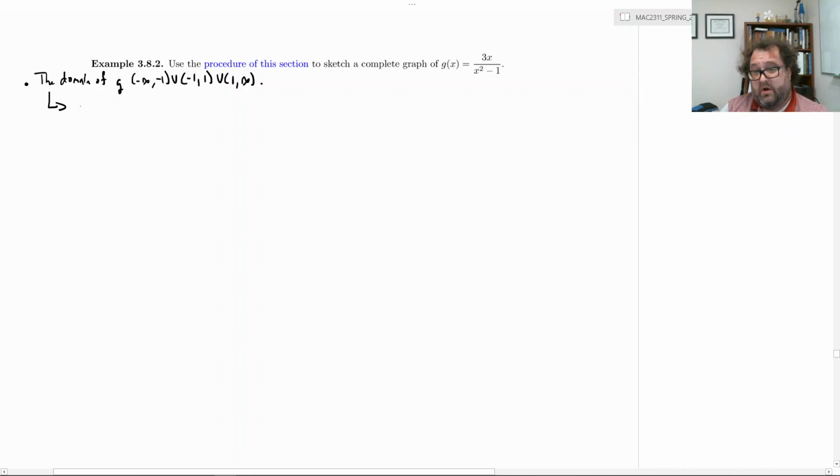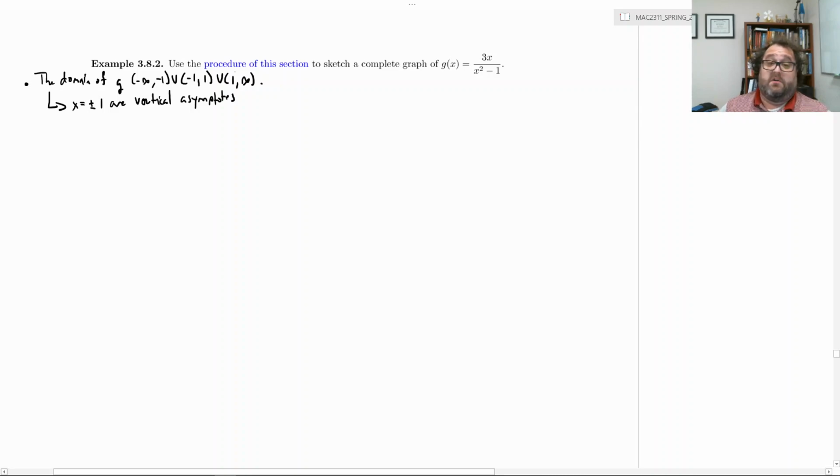If x is 1, the numerator is 3, and if x is negative 1, the numerator is negative 3. So in both cases, x equals plus or minus 1 are vertical asymptotes.